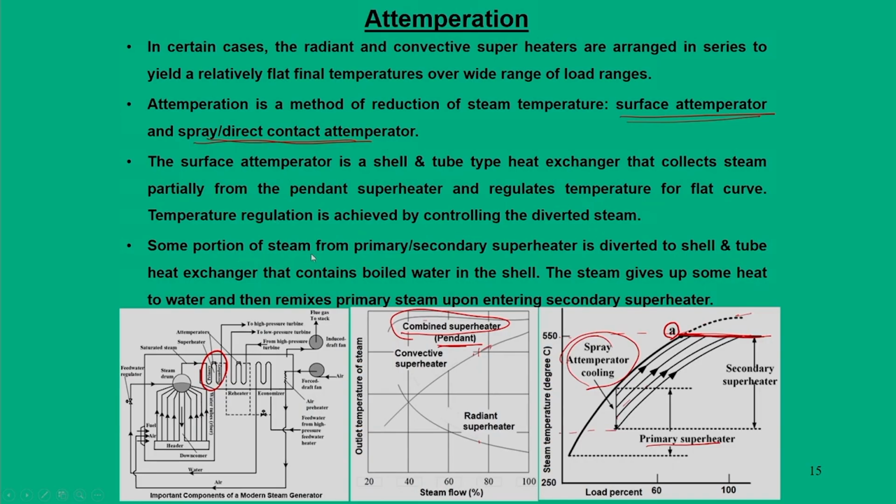So, what is done is some portion of the steam from the primary or secondary superheater is diverted to the shell and tube heat exchanger that contains boiler water in the shell. The steam gives up some heat to the water and then remixes with the primary stream upon entering into the secondary heater. So, basically between primary and secondary heating we give a kind of spray cooling, so that the temperature of the entire unit does not go beyond the point A.